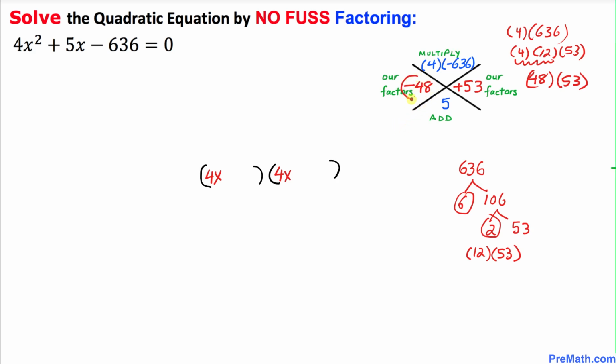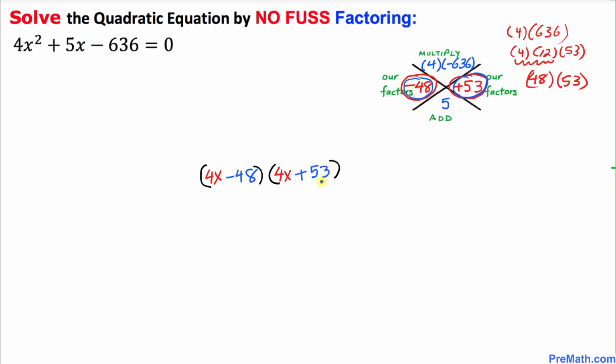So these are our two factors. Now in our next step, negative 48 is going to go in the first parentheses, and this positive 53 is going to go in the next parentheses.